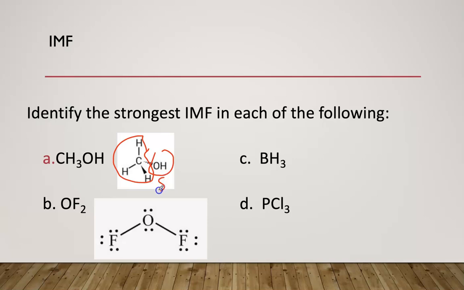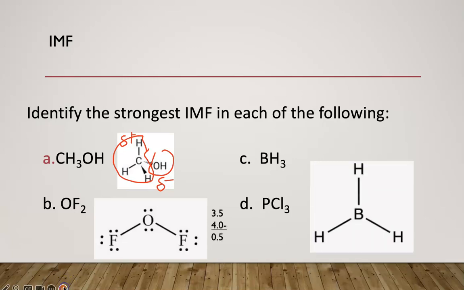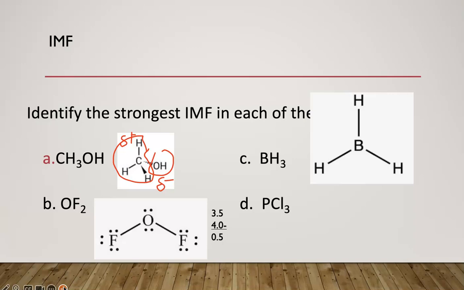So that little spot of our molecule is going to be a little bit negative, with this end of the molecule being a little bit positive. Hopefully you took a look at the OF2, and then of course subtracted to find out the difference in electronegativity. We get 0.5. So it would be a polar molecule.